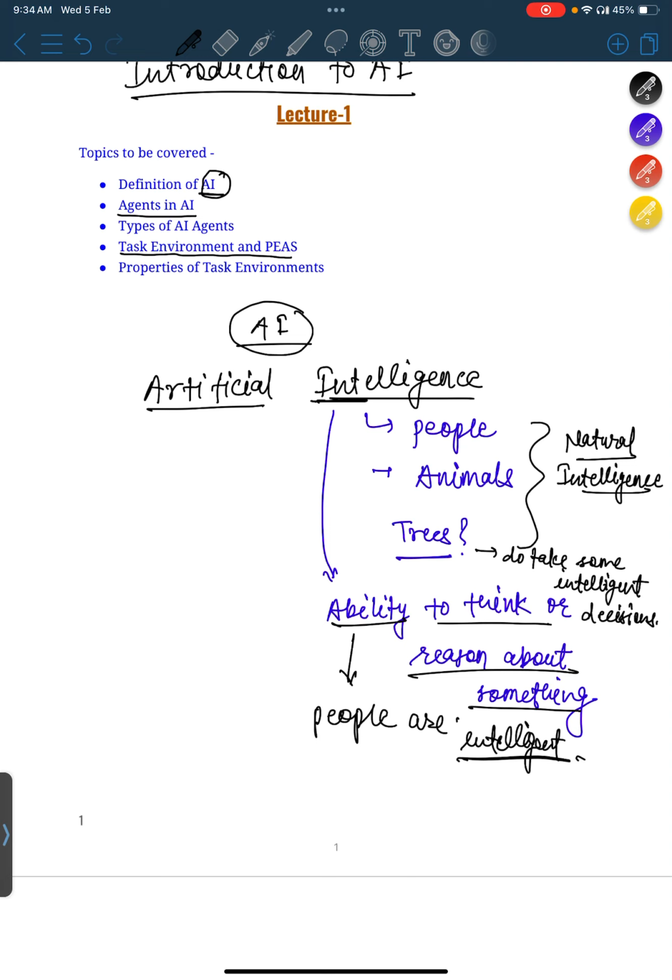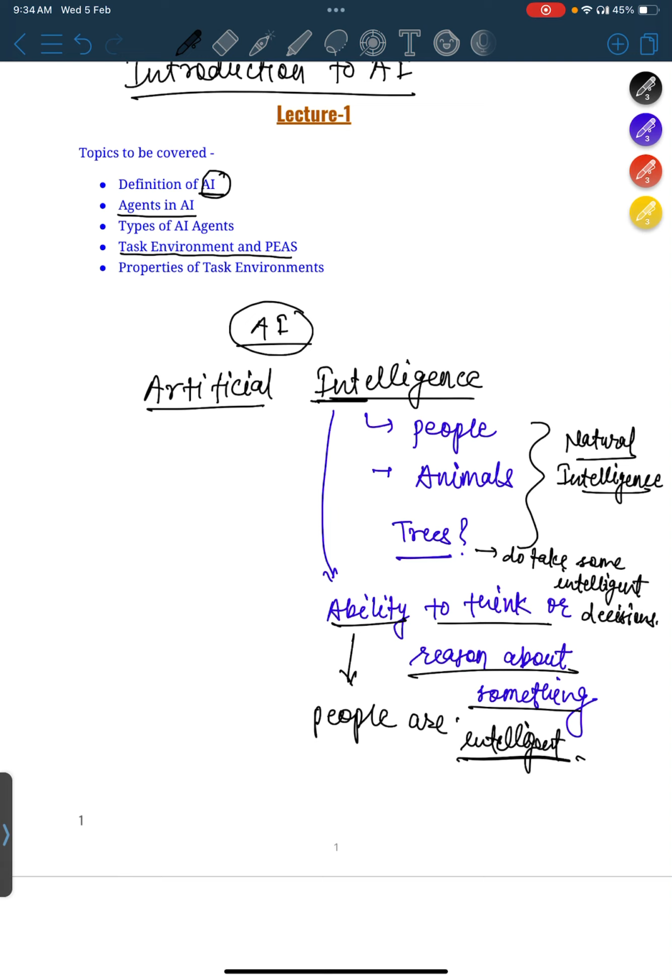But if we ask a humanities professor, they will describe it in a more general form which can be understood by normal people. Because of this, there is no fixed definition of AI.